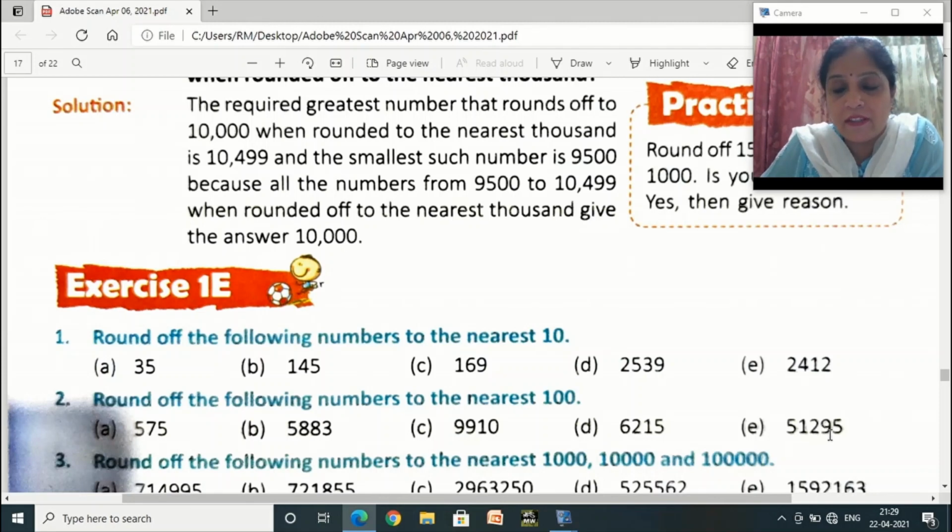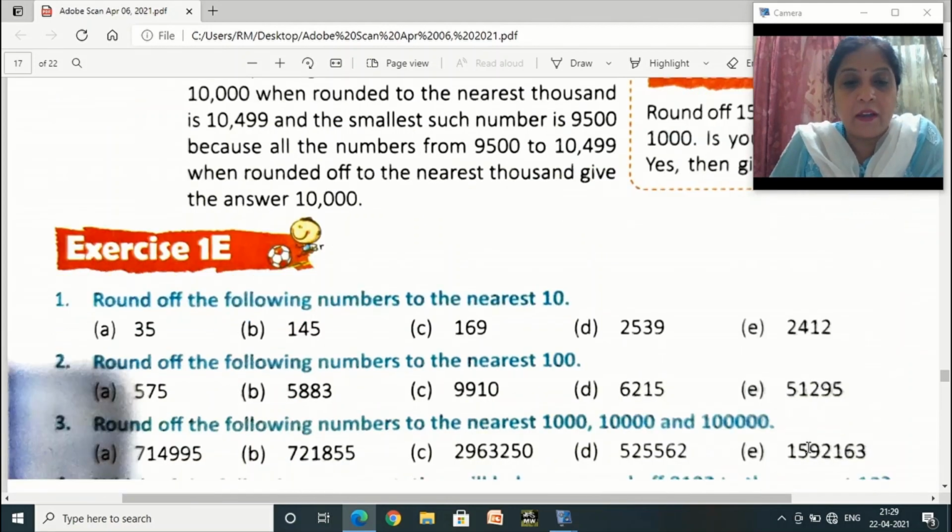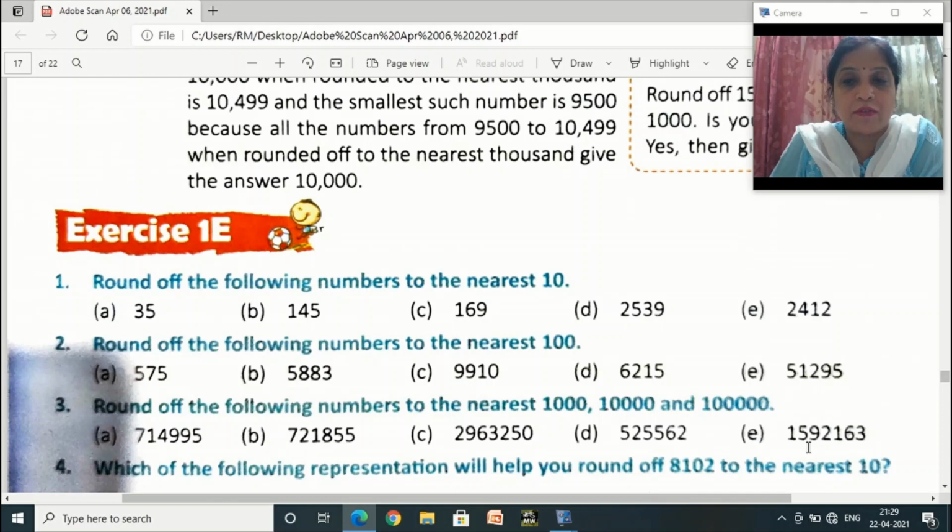Now since 9 is greater than 5, we will add 1 to the digit at the hundreds place. That it becomes 3 here. So it will be rounded off to 51,300. Similarly, rounding off to nearest 1000, 10,000 and to 1 lakh, we will follow the same steps.